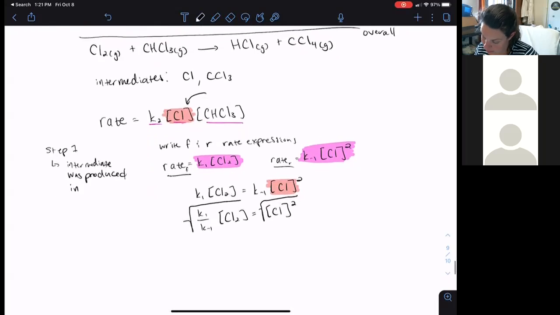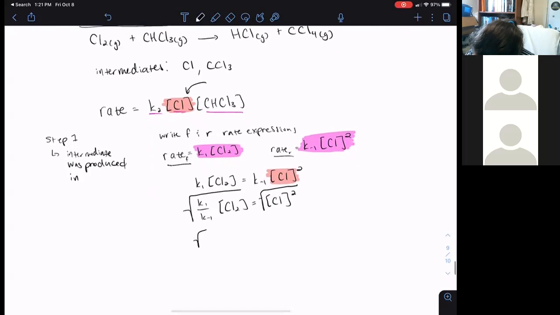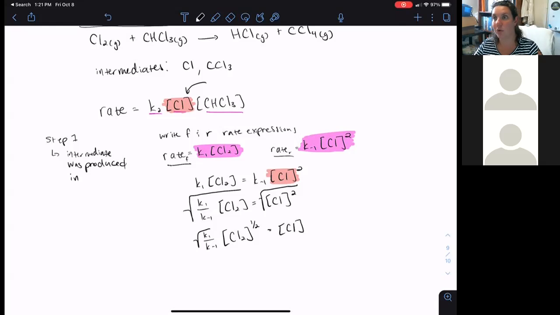That'll give me square root of K1 over K minus 1, and then Cl2 to the 1/2, which is the same thing as writing a square root. That'll be equal to Cl. The square root will cancel out the square.